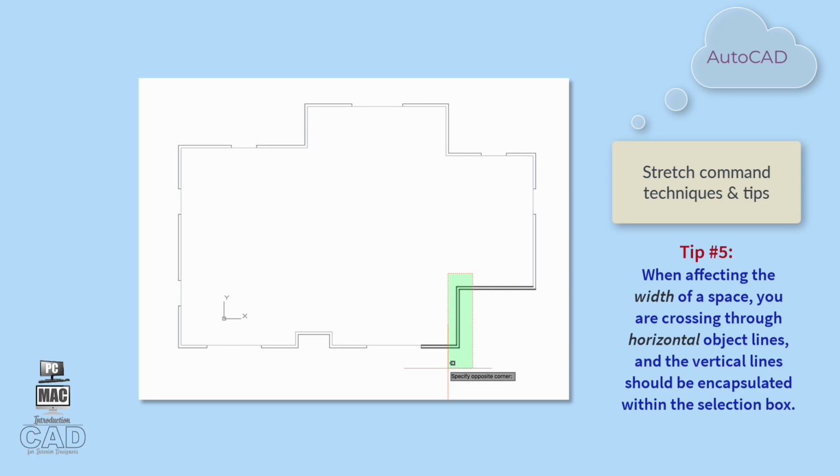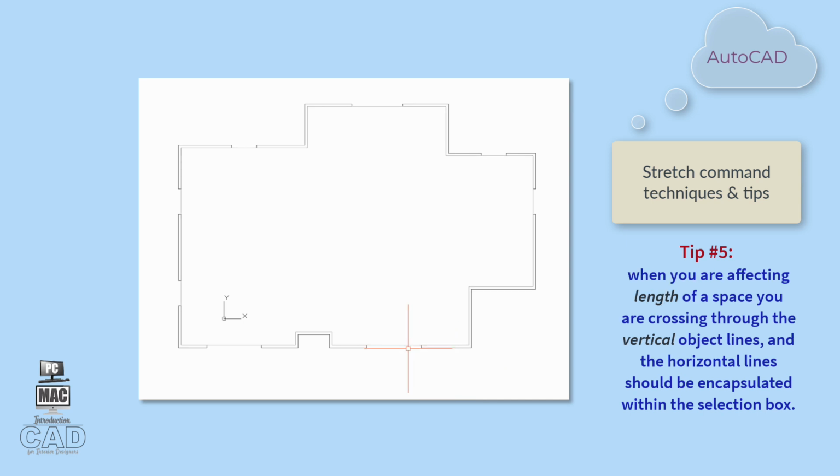Tip number 5. Remember these 2 hints. When affecting the width of the space, you are crossing through horizontal object lines, and the vertical line should be encapsulated within the selection box. Whereas when you are affecting the length of the space, you are crossing through vertical object lines, and the horizontal line should be encapsulated within the selection box.